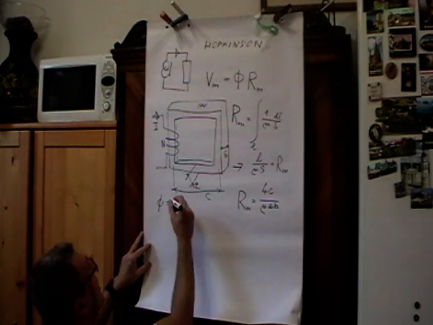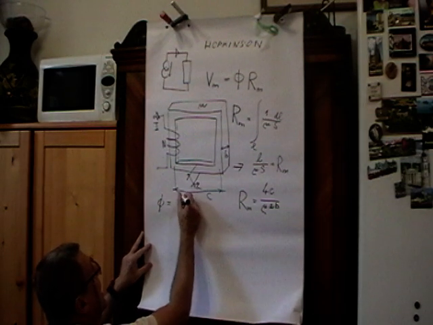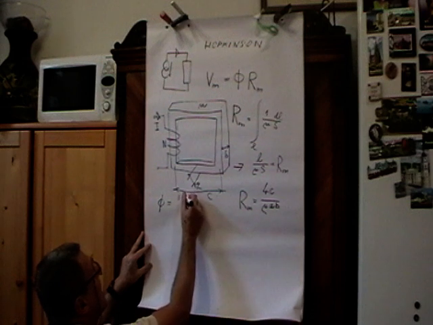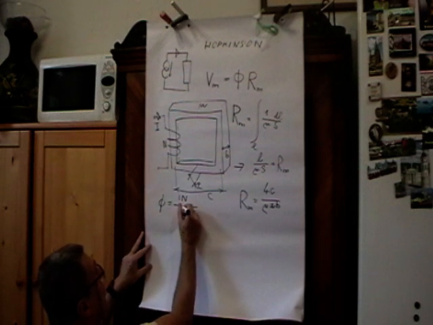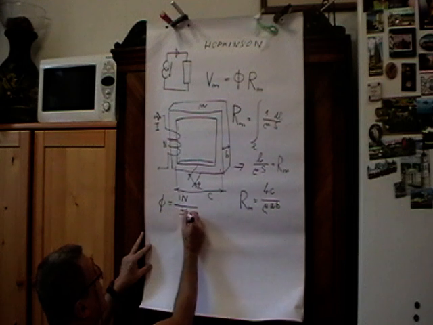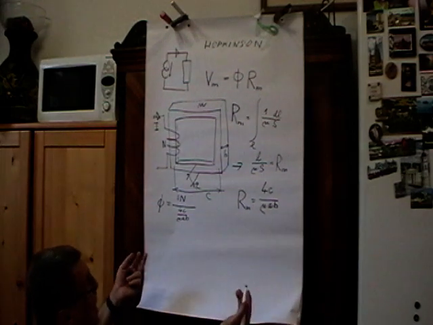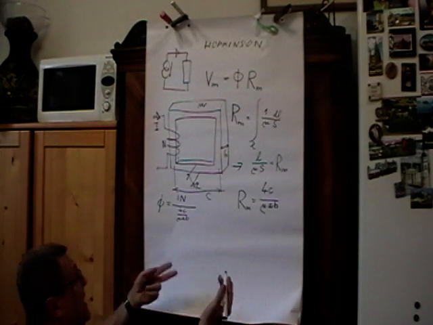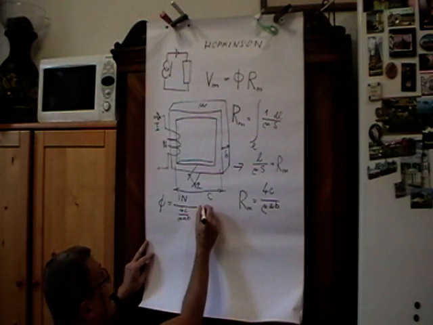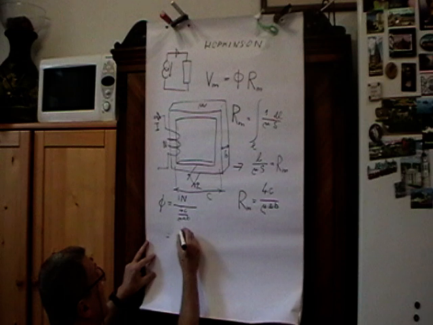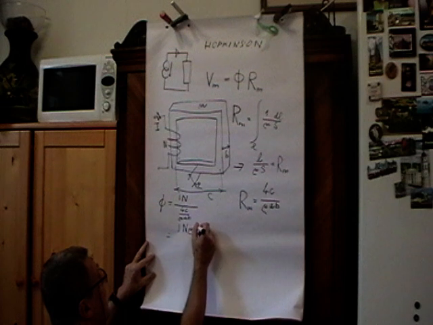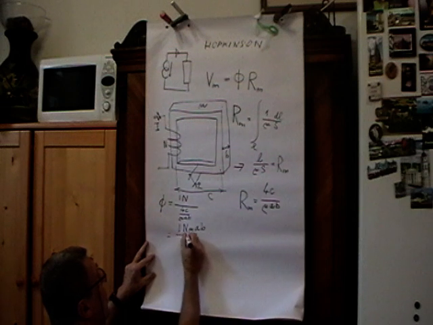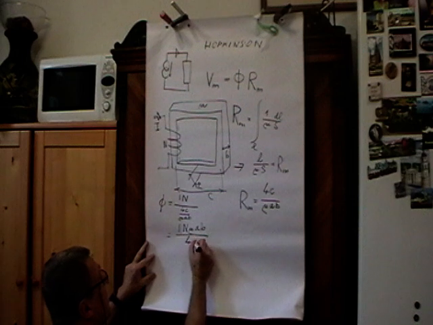which is phi is I, the current, times the number of turns divided by reluctance, which is 4c divided by mu A B. Let's make it look a bit smarter so that we will consolidate the fractions, and our result would be I N mu A B over 4c.